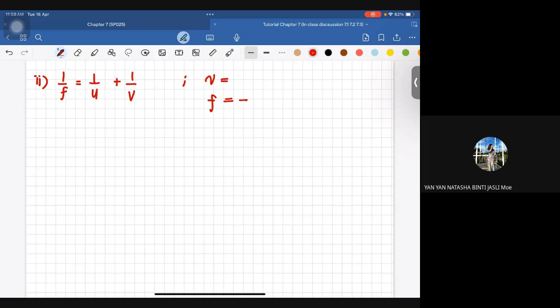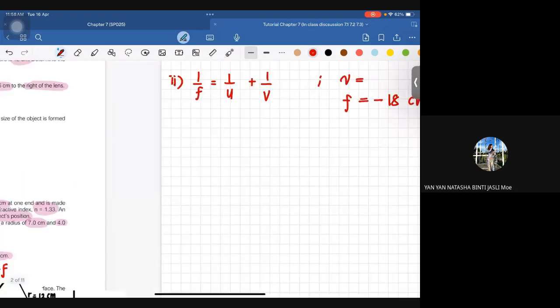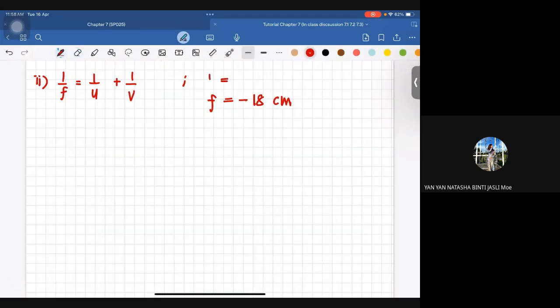Negative 18 centimeter. Lepas tu v is what we are looking for, the image distance. And then the object is, this is u, which is 25.2 centimeter. So dari sini kamu substitute je lah. Negative 18, 25.2 plus 1 over v.